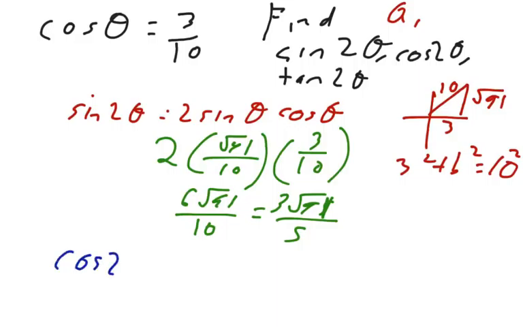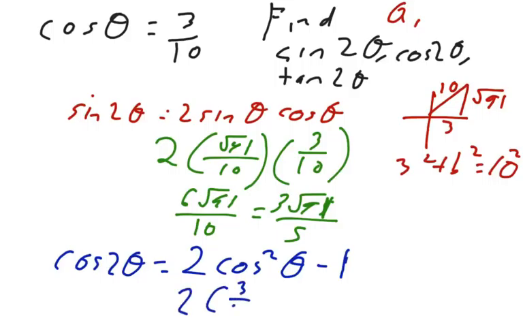For the cosine of 2 theta, since they give us cosine, I'm going to use the formula that has cosine squared. So we're going to do 2 times 3/10 squared minus 1, which equals negative 41 over 50.